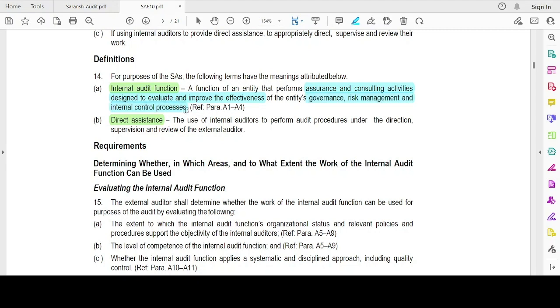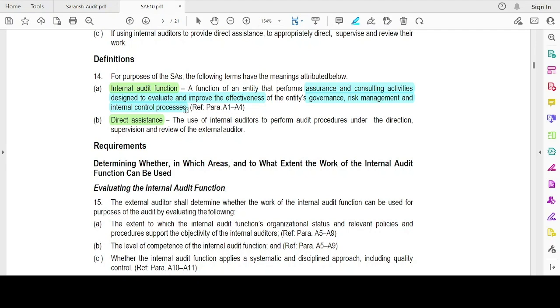So it is basically a function which oversees and reports to the board of directors or the TCWG with respect to the design, implementation and effectiveness of controls placed over governance, risk management and other internal control processes. Basically, those controls which have an effect on IFCOFR, internal financial control over financial reporting, right? Those controls are going to be reviewed under IFCOFR.